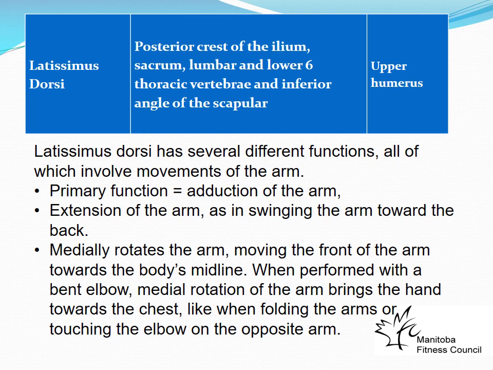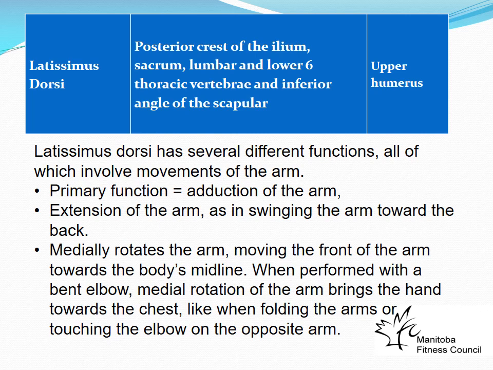So it will have several different functions. It will adduct the arm. So when my arm is out to the side, it will adduct and bring my arm back to my body. It will extend my arm. So it'll take my arm backwards. And it will also medially rotate my arm. So that means it will turn it medially. So if you bend your elbow, so have your arm in just a normal position, bend your elbow.